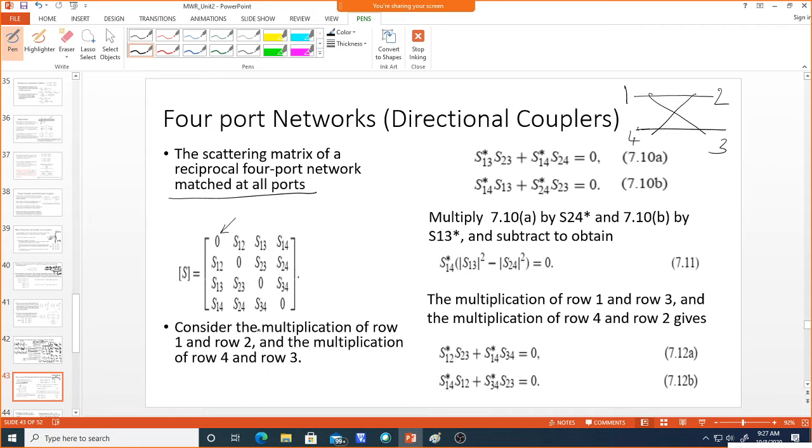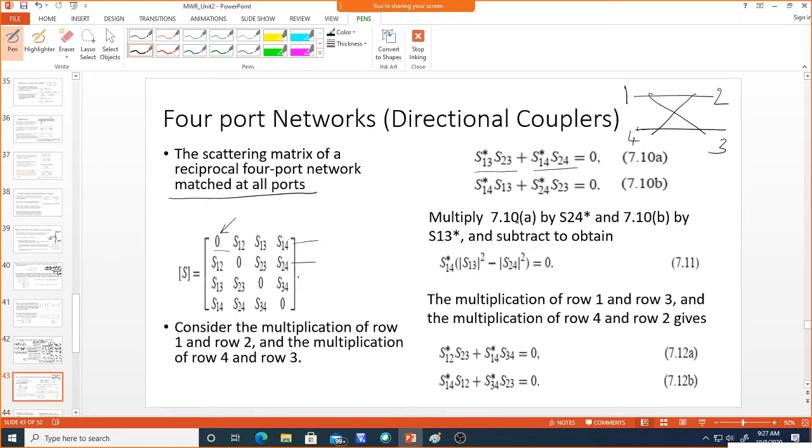Now consider the multiplication of row 1 and row 2. If I multiply this row and this row, what will happen? 0 into S12 is 0, and this will become 0. If you take the orthonormal property, you will get S13 complex conjugate into S23, that is this element, and S14 complex conjugate into S24, which will be equal to 0. So applying the orthonormal property, we get this equation.